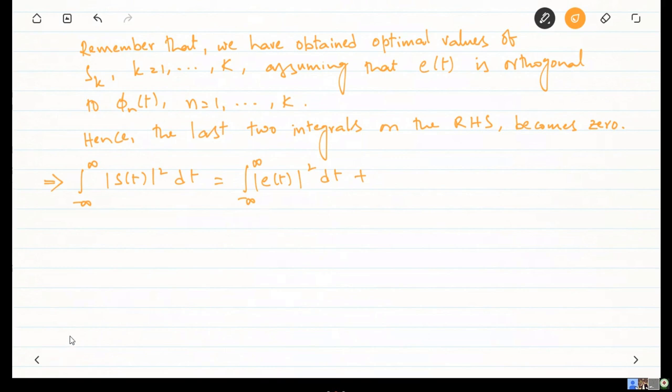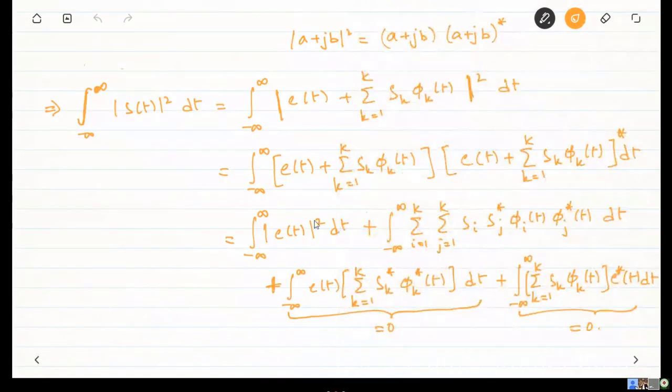So let's turn the page back and see that. Okay, so we said this integral is going to be 0, this integral is going to be 0, and we are left with these two integrals. The first integral is nothing but the energy in the error signal, and the second integral, let's solve this out.